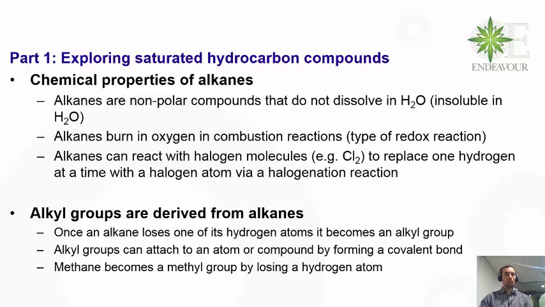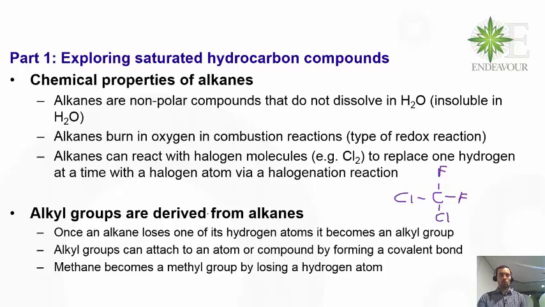So every time we do that halogenation reaction, we replace one hydrogen atom with one halogen atom. And we saw that this could be used to make compounds like the CFCs, where we had a carbon attached to a combination of chlorines and fluorines instead of the hydrogen atoms.